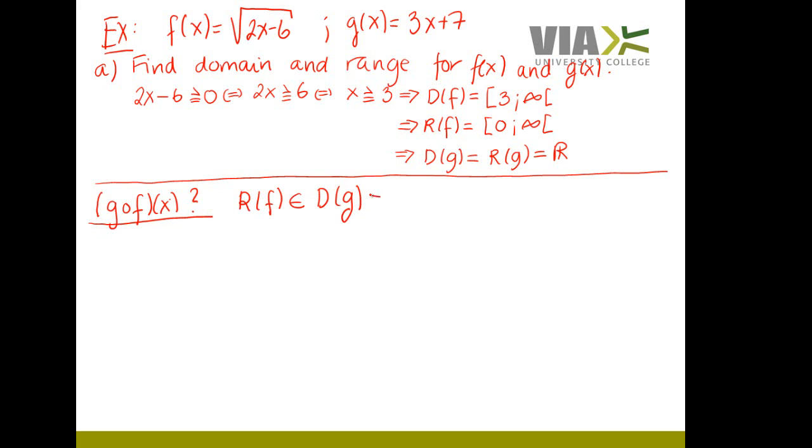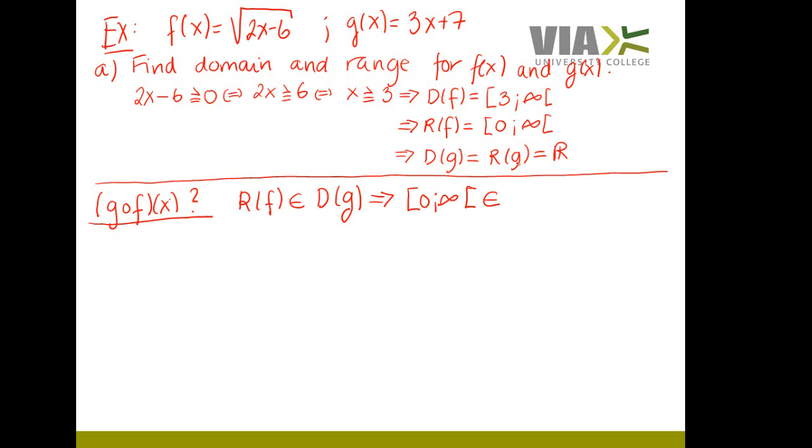So we'll look into the range for f up here. We have figured out that that is all positive numbers including 0. That is the range for f, and that has to be a member of the domain for g.